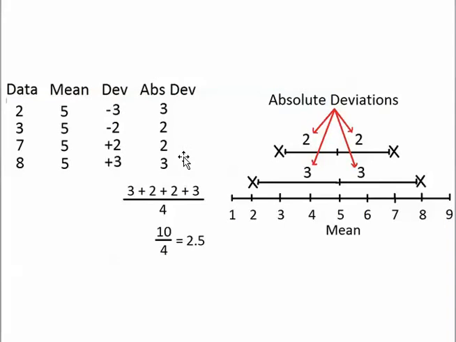So, yeah, if half the values are 2s and half of the values are 3s, like 2, 2, 3, 3, the mean is 2.5. Because that's halfway between 2 and 3.